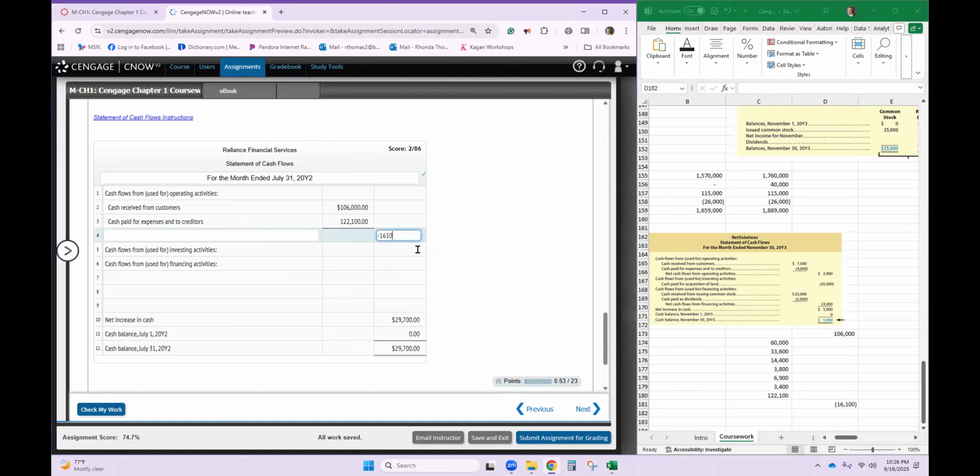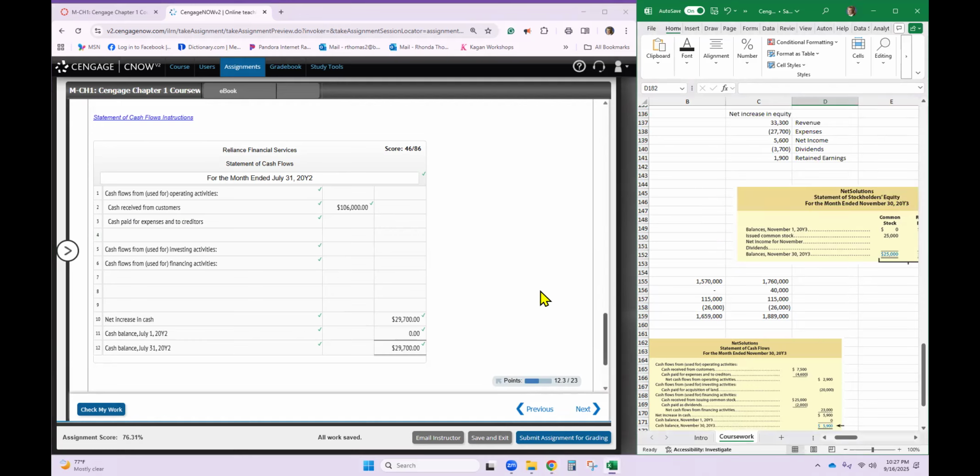Let's see if we're right. Hopefully so. Nope, that's not correct. Sorry about that. Okay, so let's see what we've got here. 106 is correct. Cash paid for expenses and to creditors.